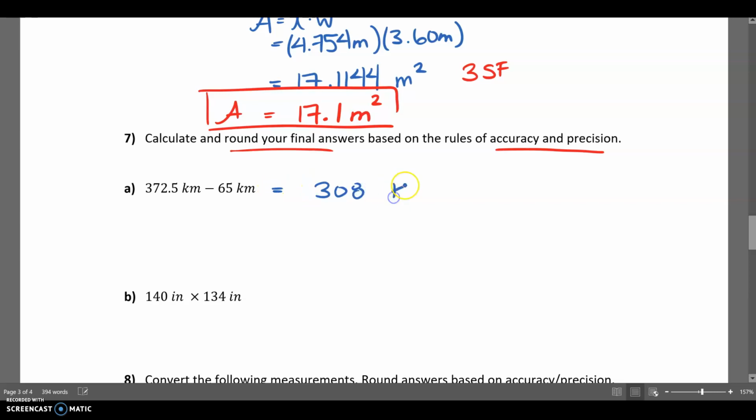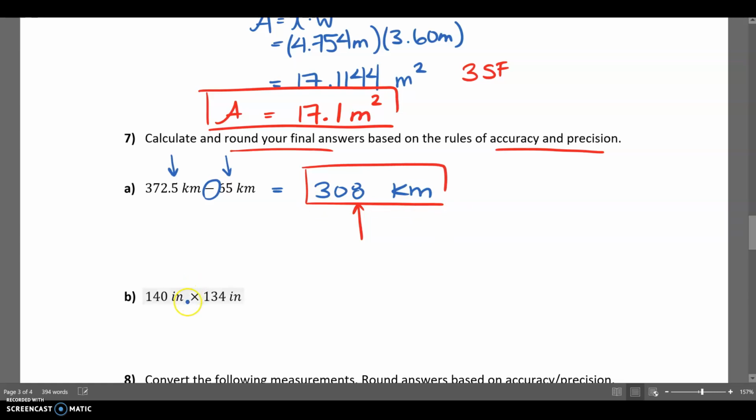Our units would still be kilometers. Because we're subtracting, we look at the precision of our measurements. 372.5 has 1 decimal place. 65 kilometers is accurate only to the ones place. So we should be rounding our final answer to the ones place as well, and it already is, so there's no further rounding needed. Our final answer is 308 kilometers.